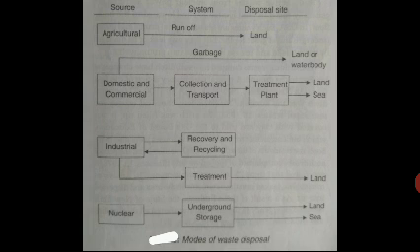The next source is domestic waste and commercial waste. Sometimes this will be dumped as garbage on land, or sometimes in a water body. The system adapted for domestic and commercial waste is the collection of waste. After collection, this waste will be transported.